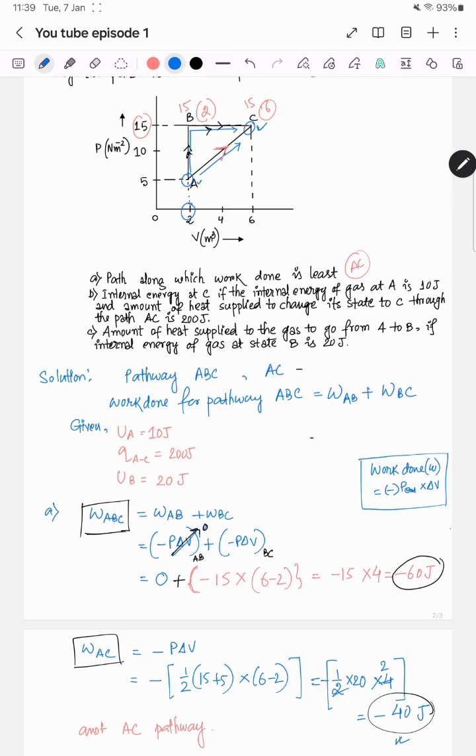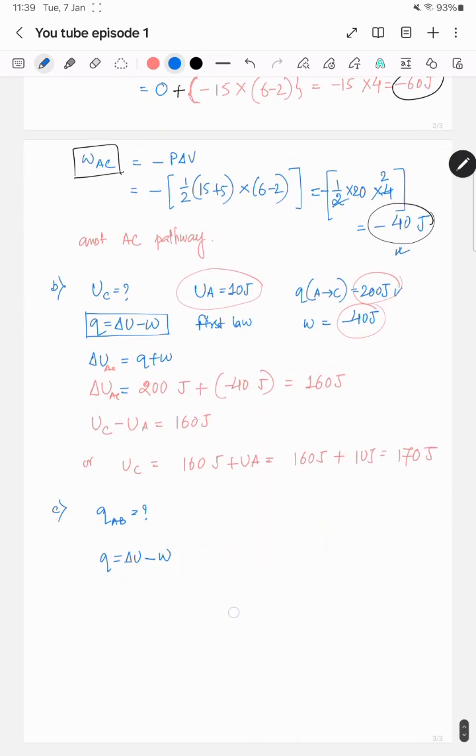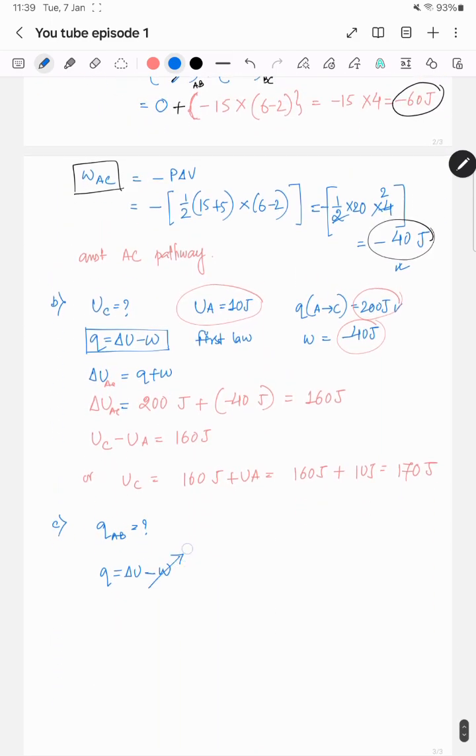Because the change of volume was 0. So here we could use that information, and it becomes Q equals delta U.